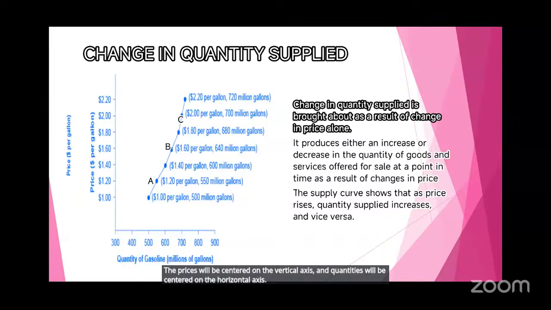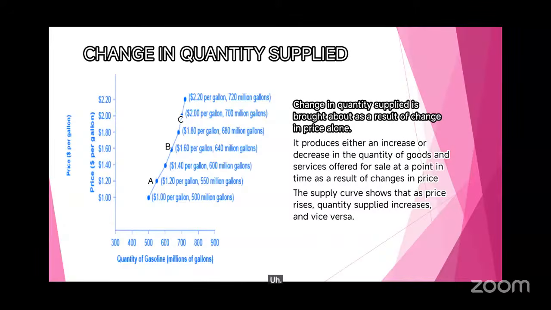And so if we take different points, for example, let's start with point B. At point B, we have 1.60, at the price of 1.60 per gallon, 640 million gallons of, let's assume it is palm oil, although it's gasoline, but let's use palm oil. Palm oil is sold, is supplied into the market.